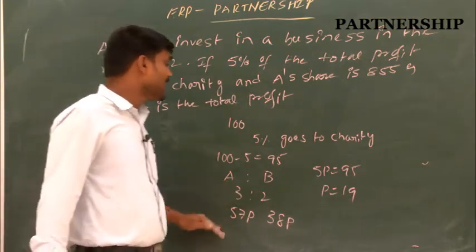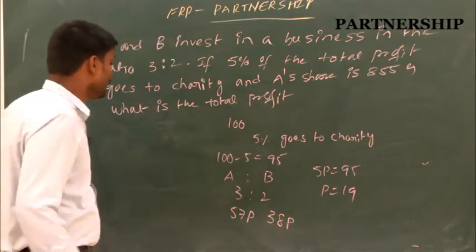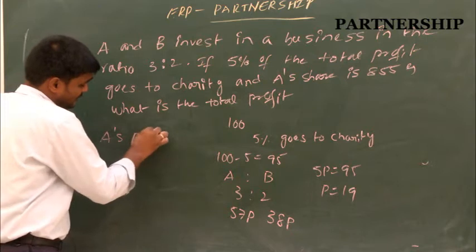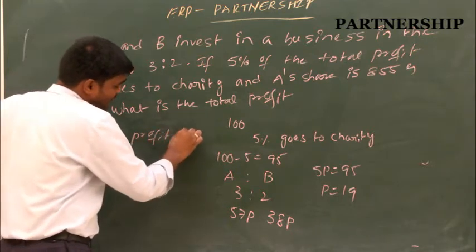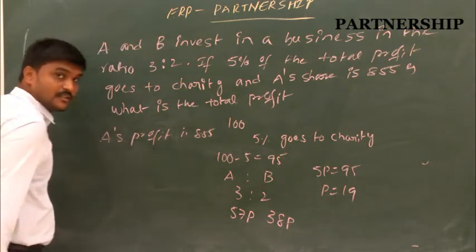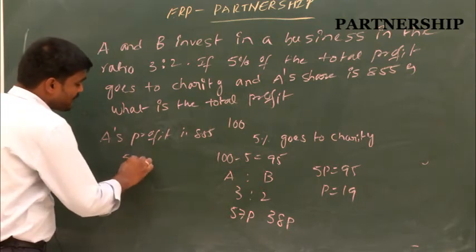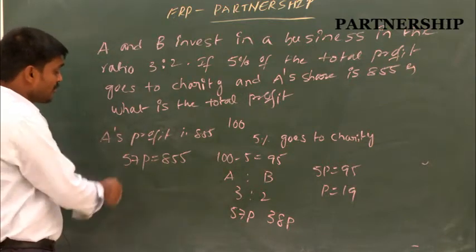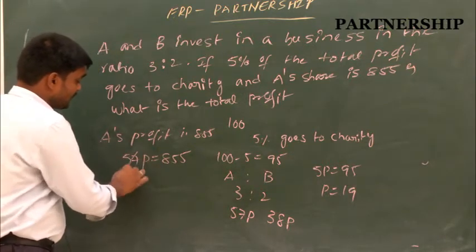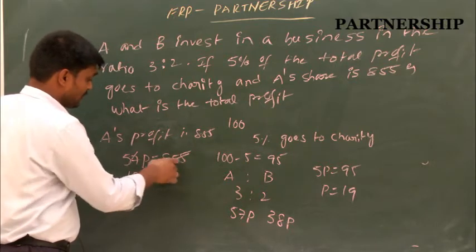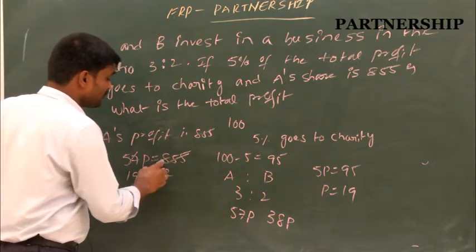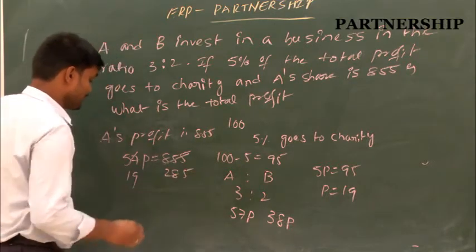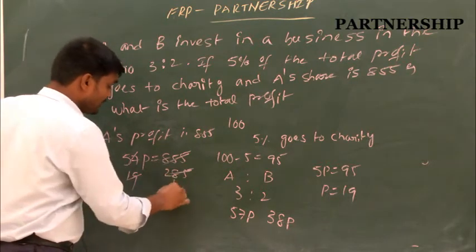But A's profit is given as 855 rupees. So 57 parts equal to 855. So 3 nineteens are 57, 19 ones are 19, so 855 divided by 57 is 15.